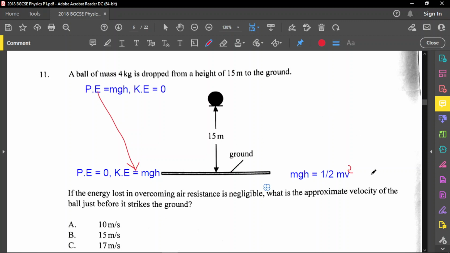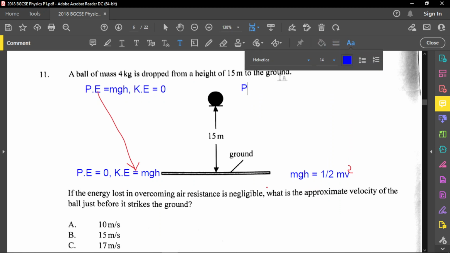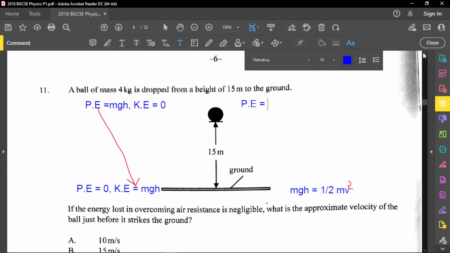All right, so he asks us to find what is the approximate velocity just as the ball hits the ground. First we need to find the potential energy, so let's do that quickly. Potential energy at the very height equals the mass, which is 4 kg, multiplied by gravity, let's take gravity to be 10, multiplied by the height, which is 15 meters.